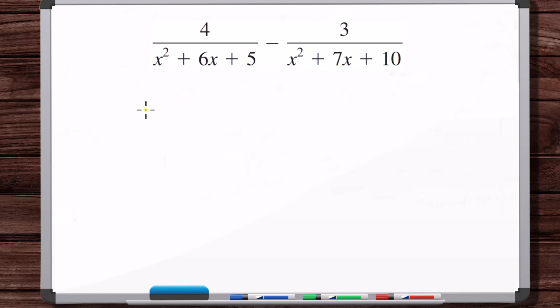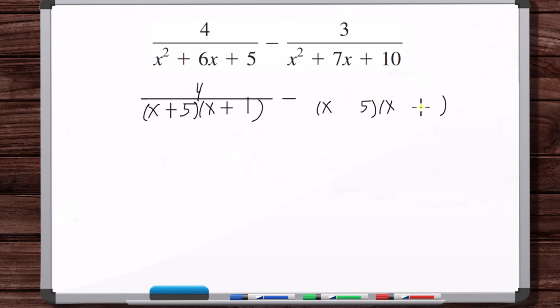Okay, let's see. Let's factor these denominators. So x plus 5, x plus 1. Let's see. X plus 5, x plus 2. Okay, so now to create the common denominator, we can clearly see with these factors what we need to do.